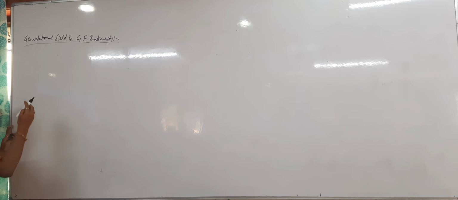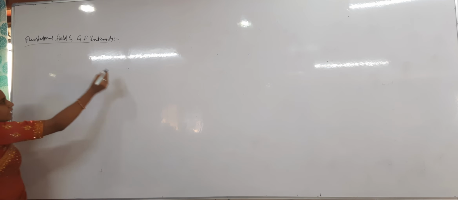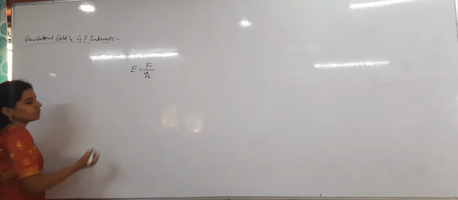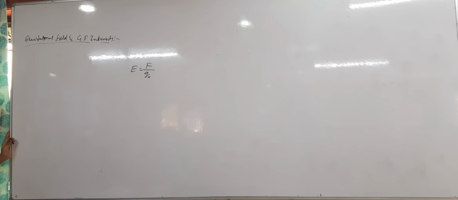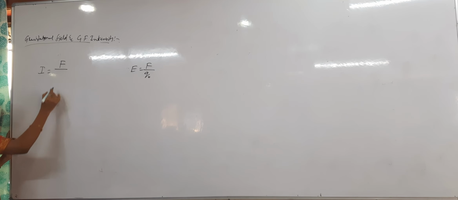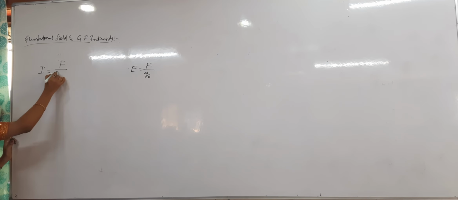Now here, gravitational field intensity is nothing but, instead of charge, we have mass. So electric field E is equal to F by q naught. In the same way, gravitational field intensity I is equal to gravitational force divided by mass. I is equal to F by m.